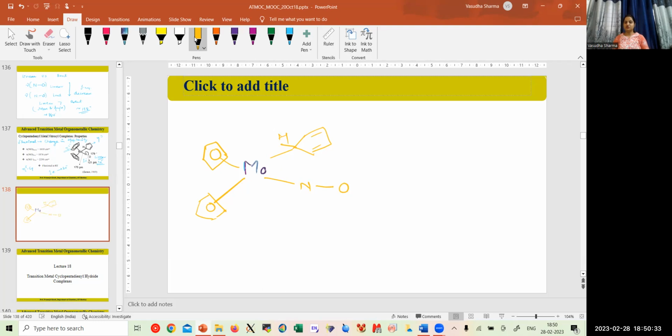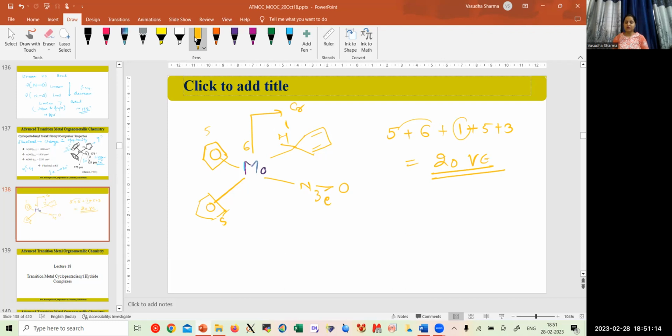This belongs to the chromium family. If we count the electrons: 5 from one Cp, molybdenum is giving you 6 electrons, another Cp would be giving 5, this is 1 electron, and this is 3 electrons. So 1 plus 5 plus 3, 11 plus 1, that is 12. 12 plus 8 is a 20 valence electron species.